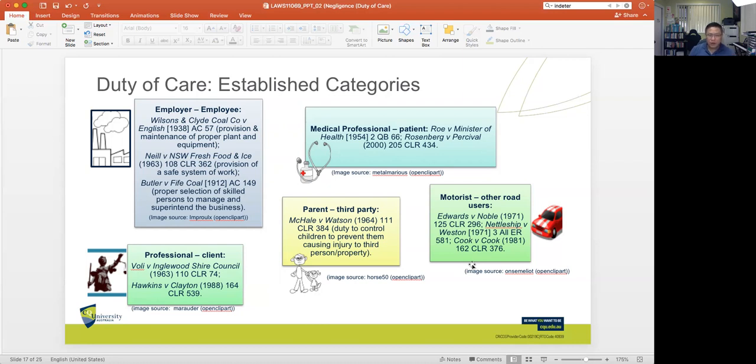There's also a requirement, an expectation that part of the duty of care of an employer is to ensure that there's a provision of a safe system of work, as well as the proper selection of skilled persons to manage and superintend the business.